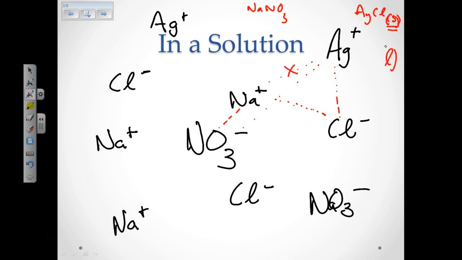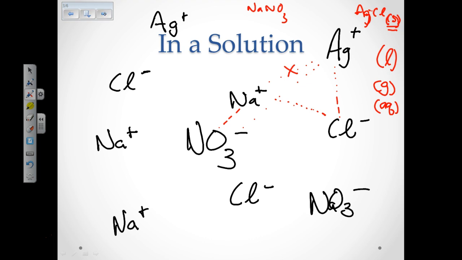Guess what an L is? Liquid. G is gas. And AQ means an aqueous solution. Silver chloride forms a solid that is not soluble, so this attractive force is not going to break by being in water. That's the chemistry of what's going on here.